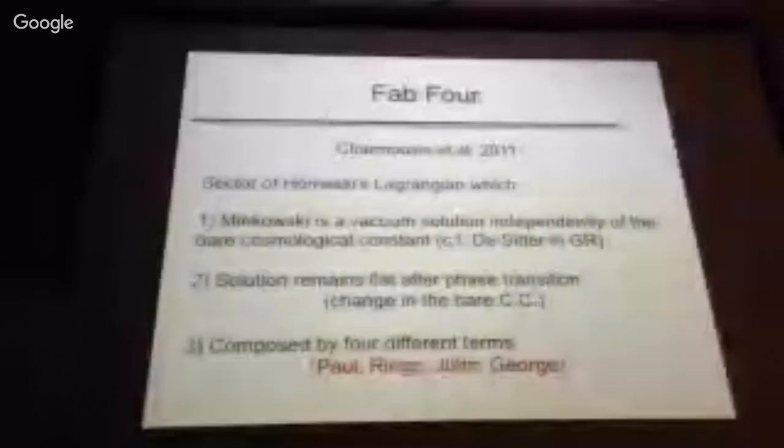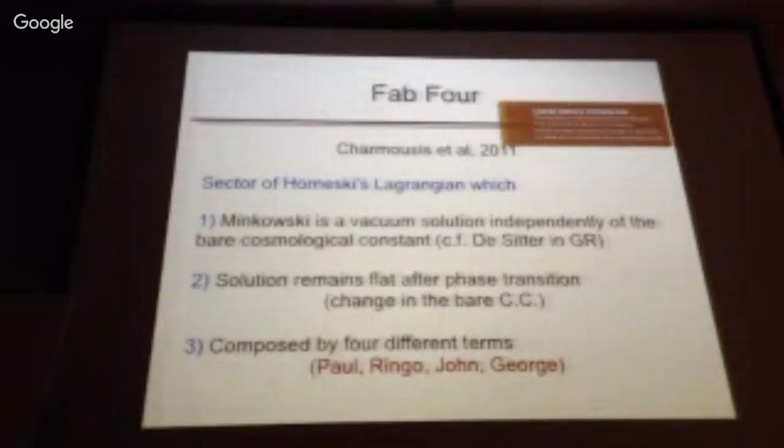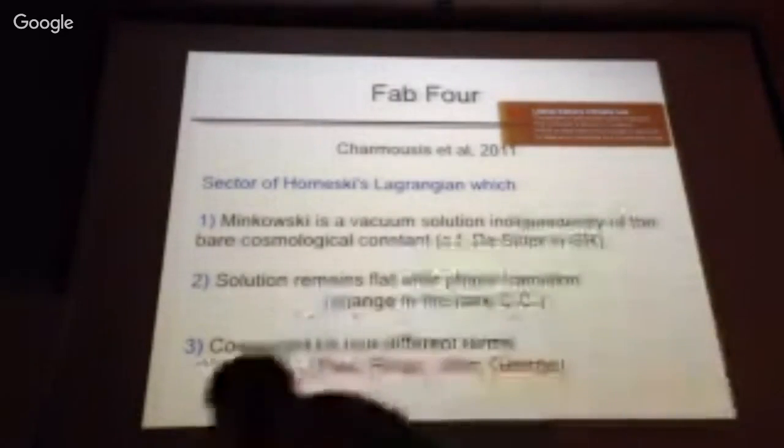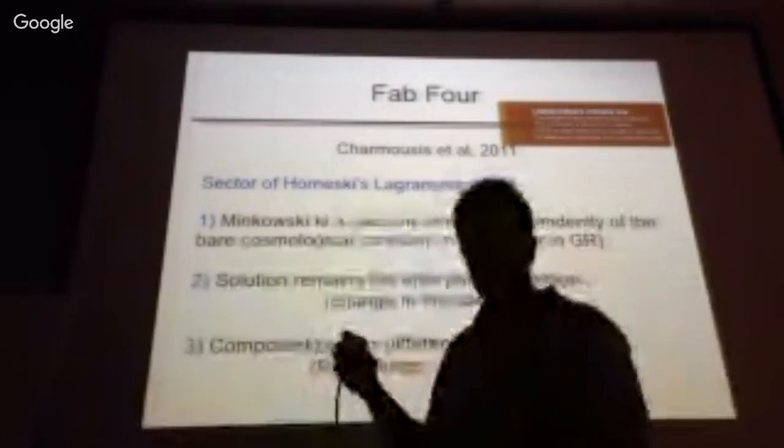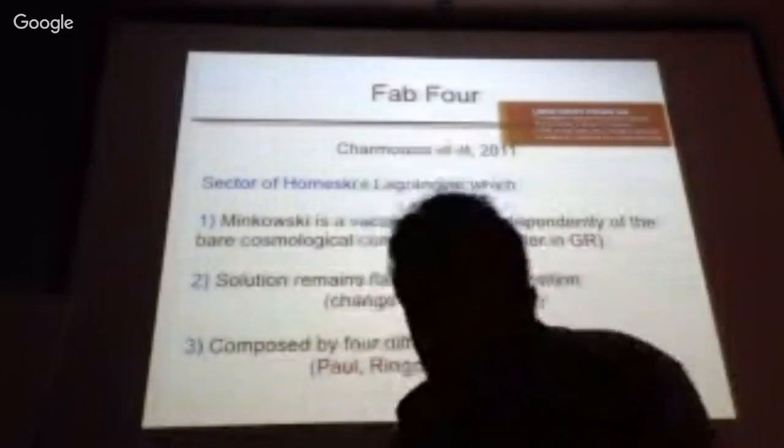We know that is not true in GR. We've seen that the maximally symmetric spaces are de Sitter, anti-de Sitter, and flat space. Flat space was only a solution if the cosmological constant was 0.